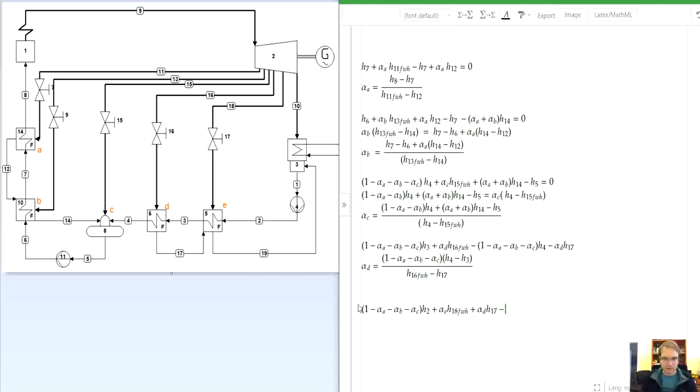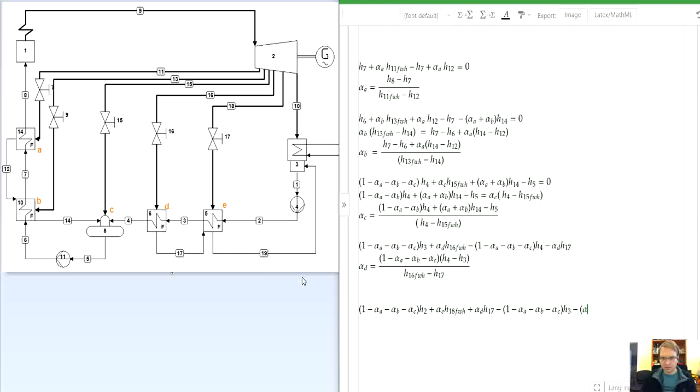And we have two outlets, one at the feedwater side, so mass flow rate of feedwater multiplied by enthalpy H3, and the other outlet is stream number 19, where the mass flow rate is alpha D plus alpha E, and the enthalpy is H19.